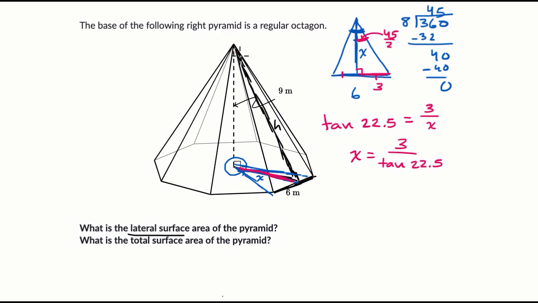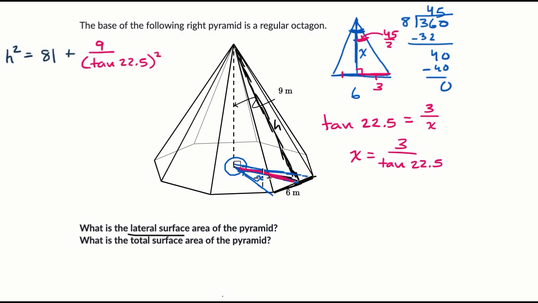Well, we know what x is. We know what the height of this pyramid is. So we can use the Pythagorean theorem to figure out our h. We could write that h squared is going to be equal to 9 squared, so that is going to be equal to 81, plus this business over here squared, plus 9 over tangent of 22.5 squared.